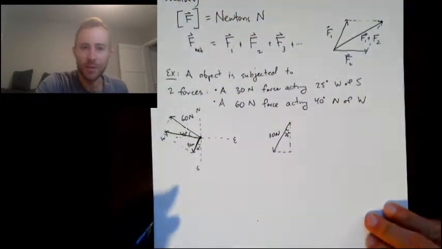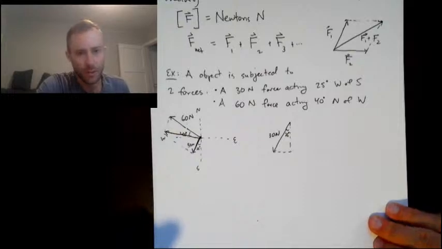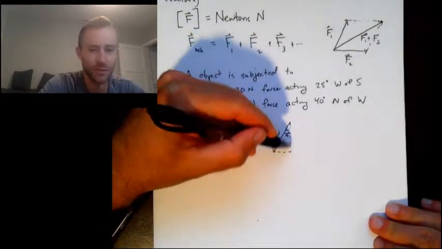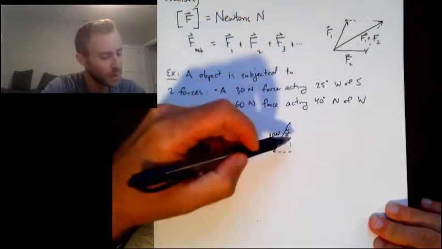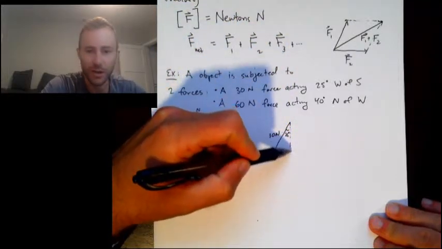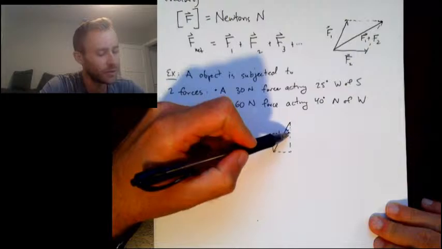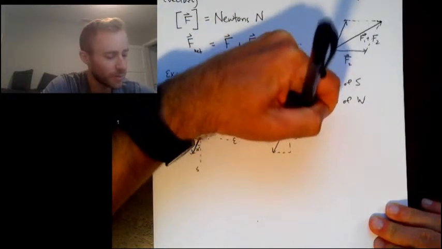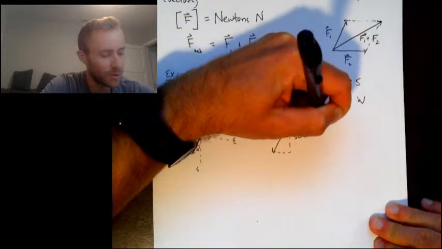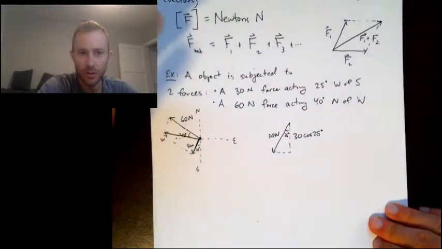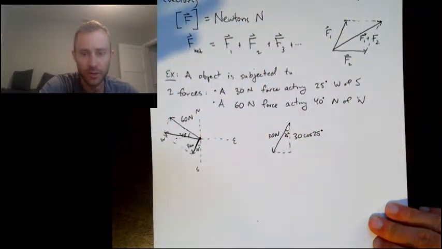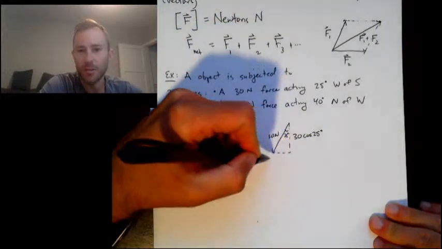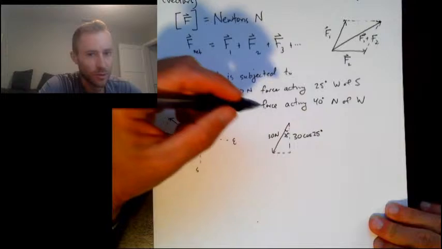So how do we get the i and j components of this vector? Well, the i and j components would just be the legs of these triangles. I can see that this leg of the triangle is adjacent to the angle, so this is going to be 30 cosine of 25. Why cosine? Because cosine is the trig function with adjacent. Cosine is adjacent over hypotenuse. This is the opposite leg of the triangle, so that would be sine.